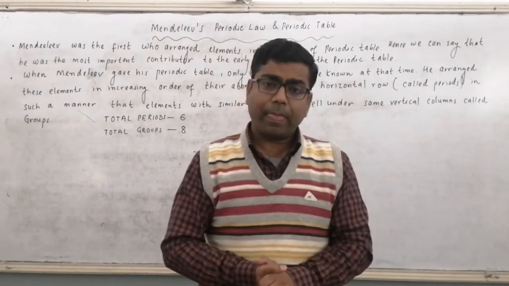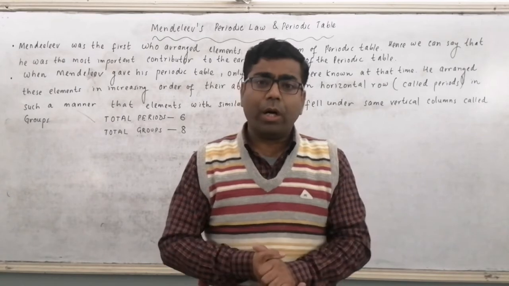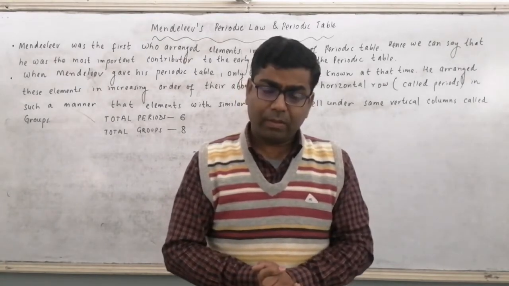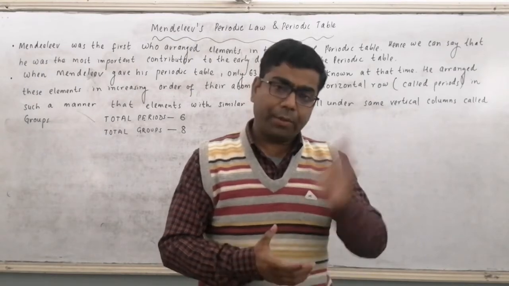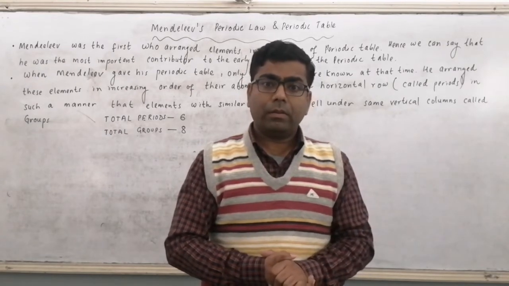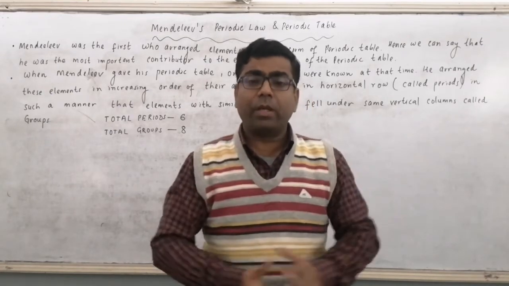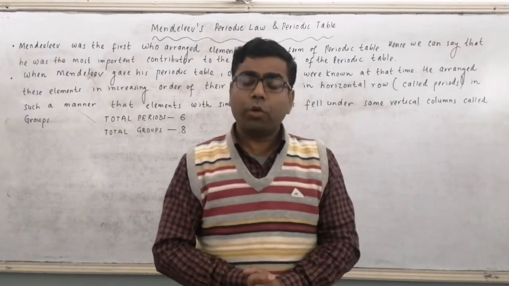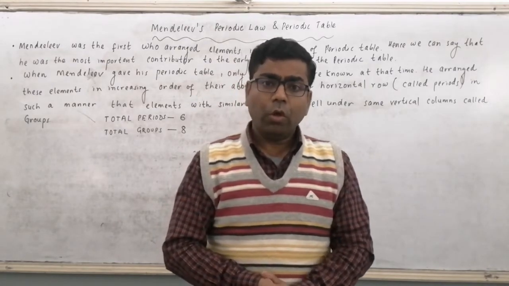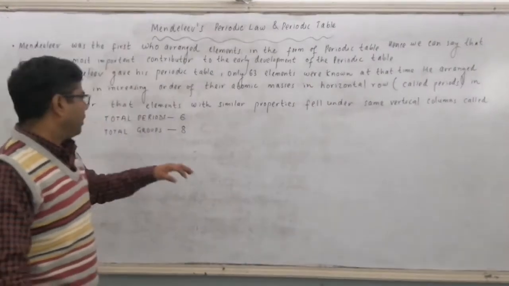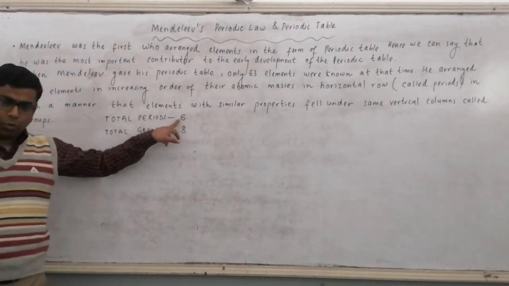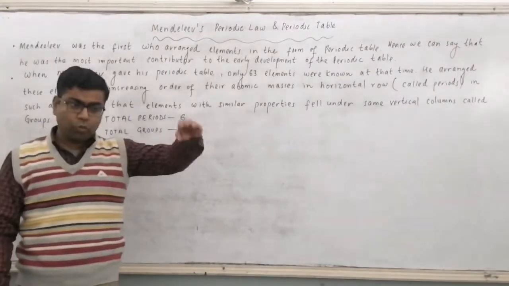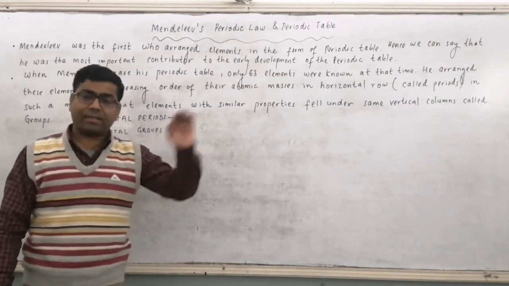So he arranged the elements in the form of horizontal rows which are called periods, and the elements which exhibit similar properties are placed in same vertical columns which are called groups. So in total there were 6 horizontal rows which are called periods: 1, 2, 3, 4, 5 and 6.